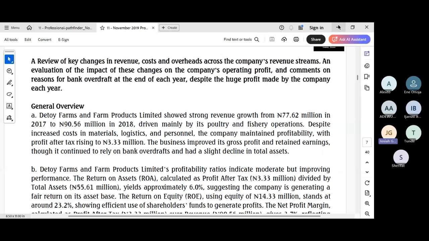Then your analytical skills speaks to the trend analysis, how you are able to explain the trajectory, how the company has performed over time. And if you're using a model, how you're able to explain the model, what the model is all about, and how it's integrated into the case or scenario provided to you. So that's the third box, your analytical skills, and you could call it trend analysis.